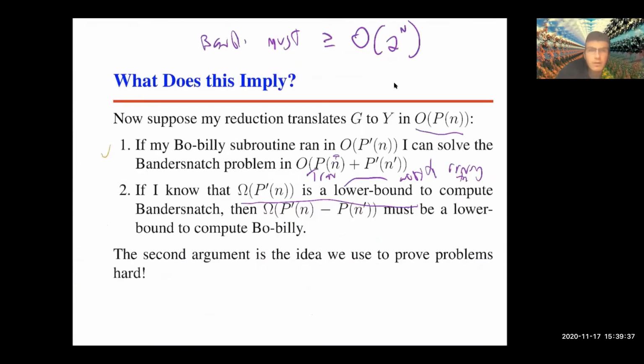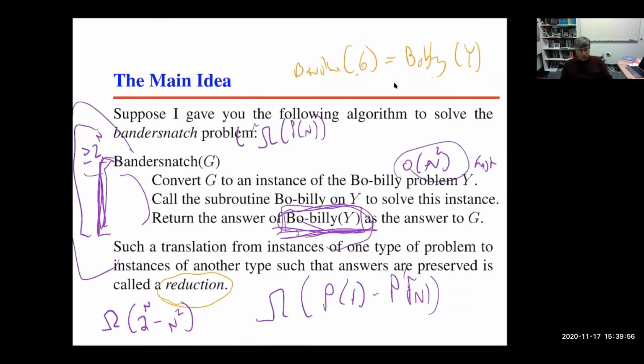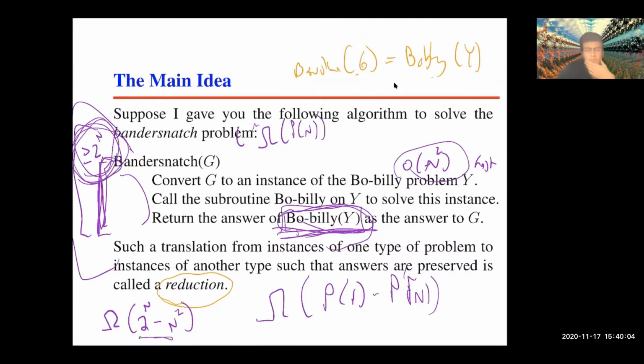So just to do it in reverse, if we go back to that slide, the time to run mobility plus n squared must be greater than or equal to 2 to the n? Well, the time to run mobility, that's exactly right. The time to run mobility plus n squared has to be greater than 2 to the n. That's exactly right. Perfect. And that's why I have a minus here. Mobility time plus this has to be greater than this.